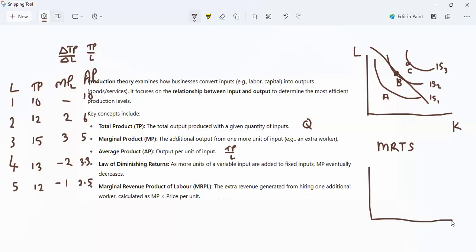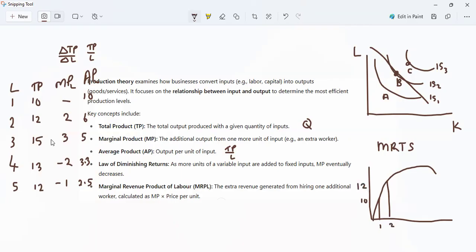So if you're an employer, you discover that there's a certain level of employees you need to employ before which they start going down. So you can see at 1 labor unit, you had 10. Then when you have 2 labor units, you increased to 12.